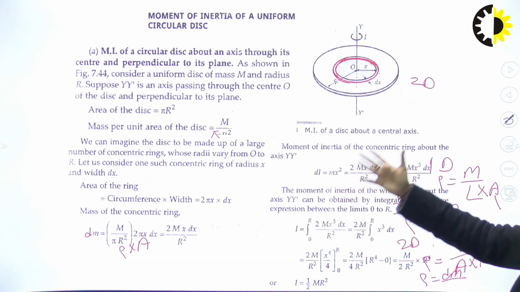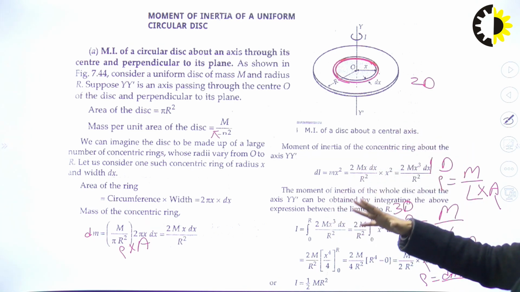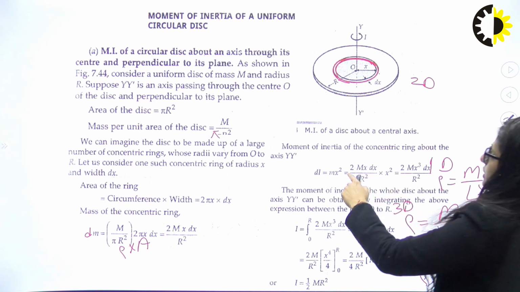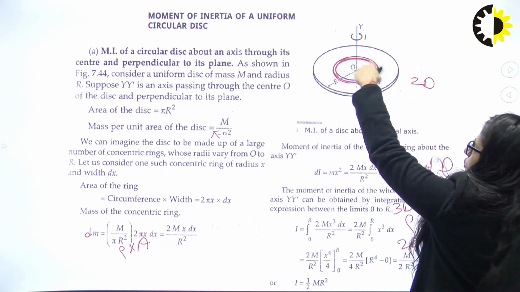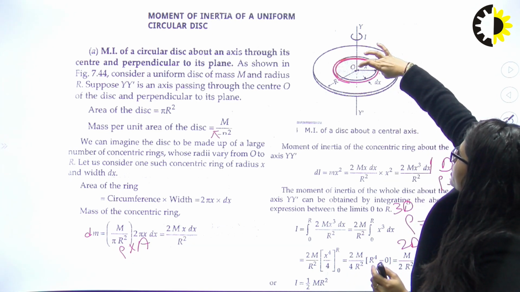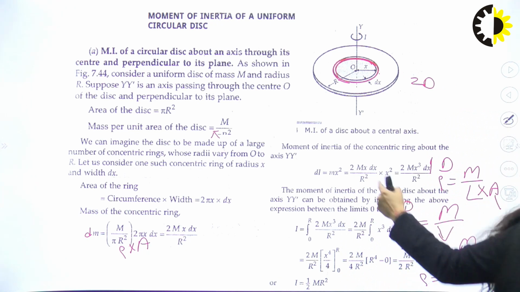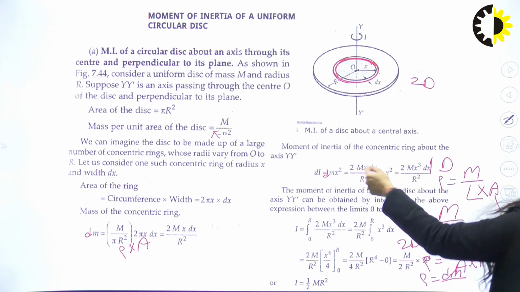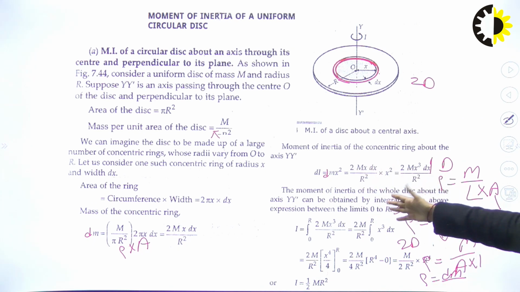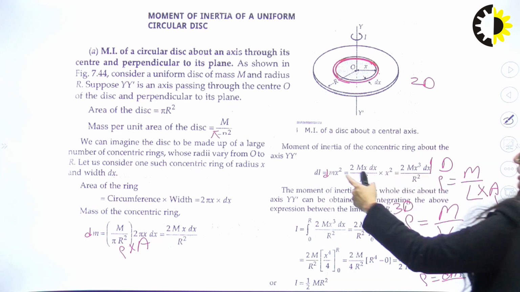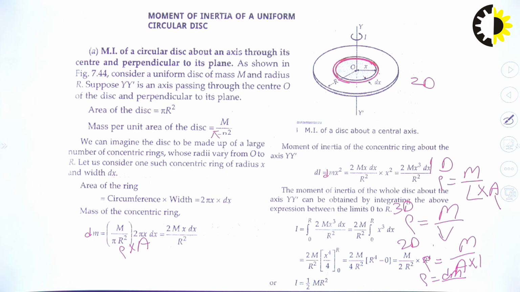If you are able to find dm, it is very easy to find the moment of inertia. For this ring, di is equal to the mass of the ring times the square of the radial distance x, so dm x square. Putting in dm equal to 2mx dx divided by r square, di is 2mx cube dx by r square.